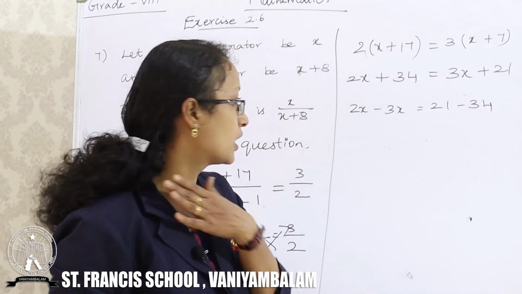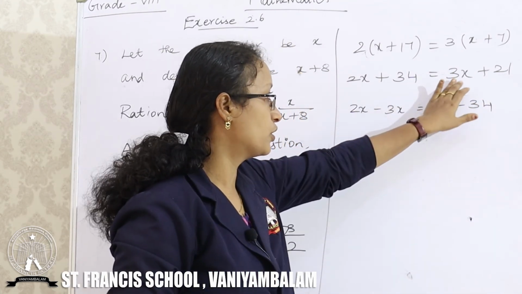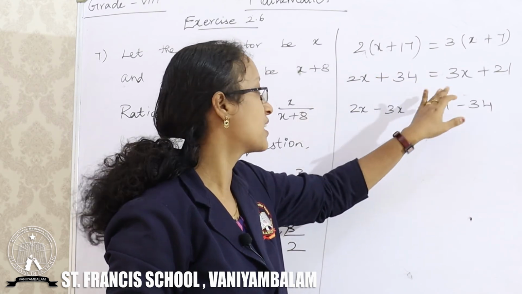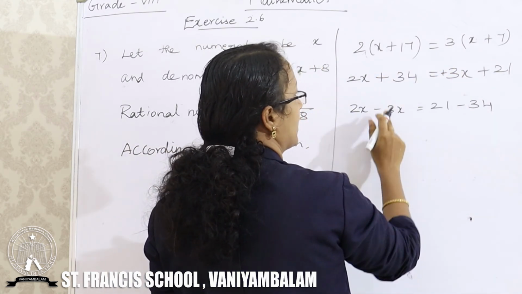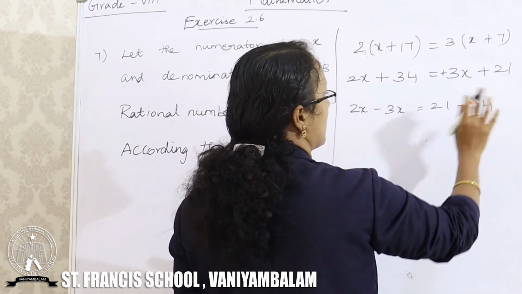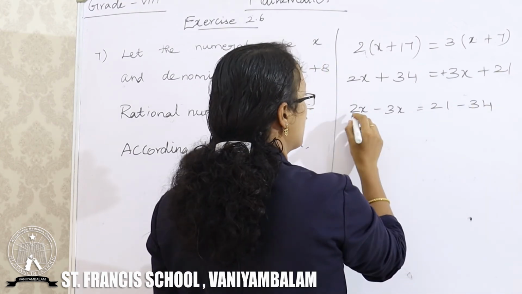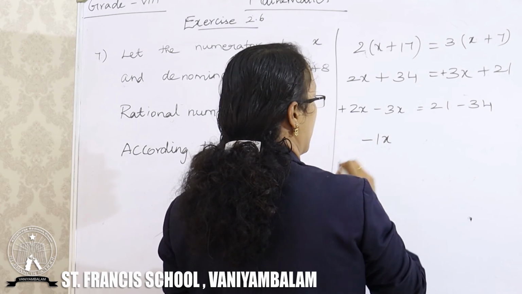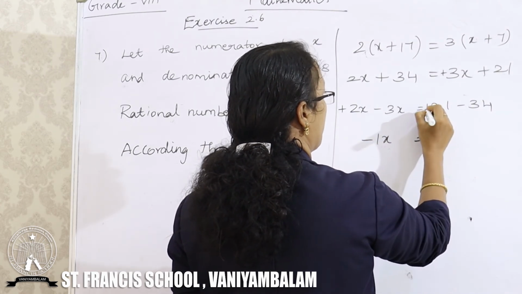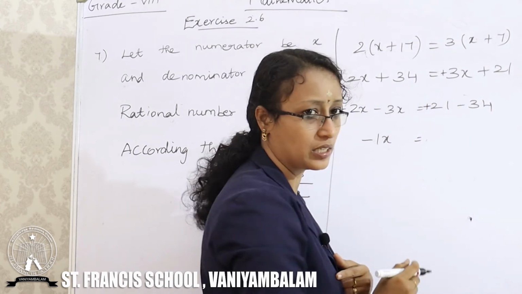How did you get this equation in the last step? I am going to take the variables on one side. The sign for 3x is plus, when it comes here it becomes minus; plus 34, when it comes here, becomes minus 34. So plus 2x minus 3x is minus 1x is equal to plus 21 minus 34.